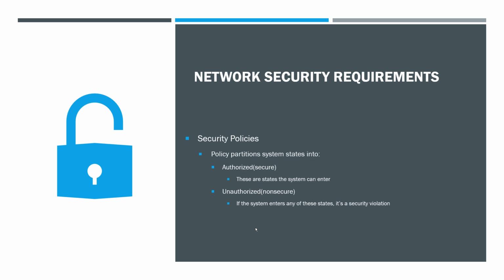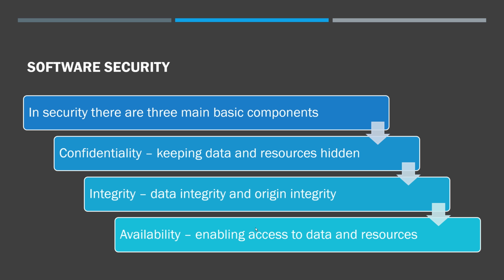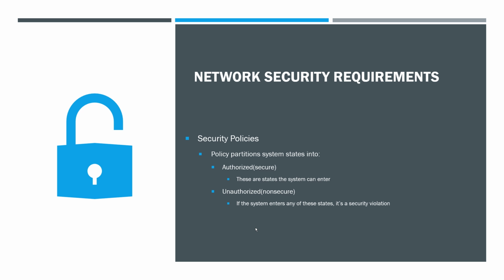Moving on, network security requirements. I just want to touch on this briefly. Basically, there are some security policies. Those security policies are the same as above: the confidentiality policy, integrity policy, and availability policy. Those will help make sure that the network is complete. This policy partitions the system into states.